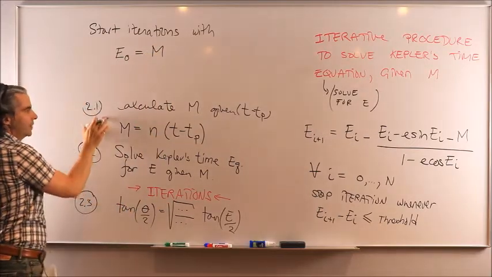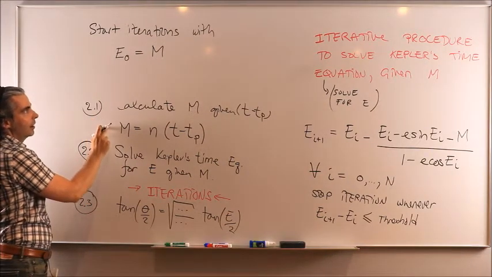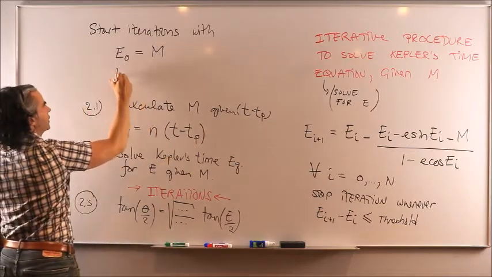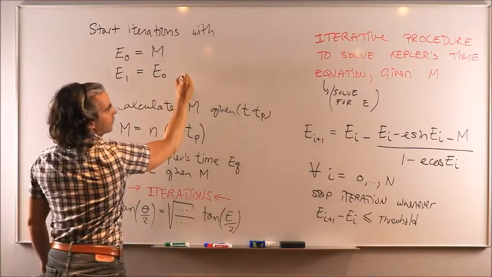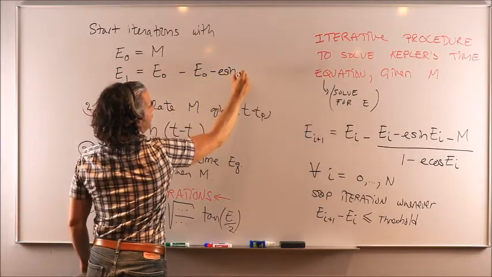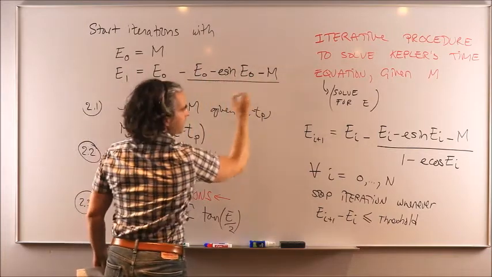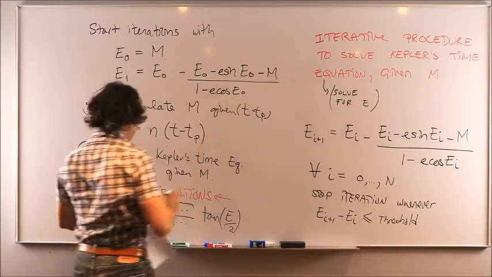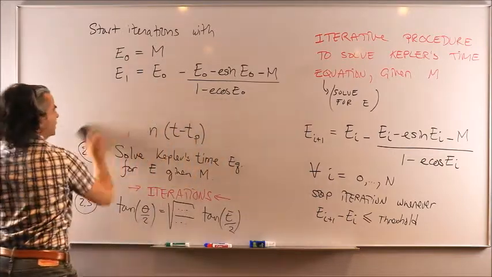Again, the mean anomaly had been solved previously, so you plug it into E naught, and then based on that you calculate E1, which will be equal to E naught minus E naught minus E sine E naught minus M, divided by 1 minus E cos E naught. That's going to give you the next value for the iterative process.